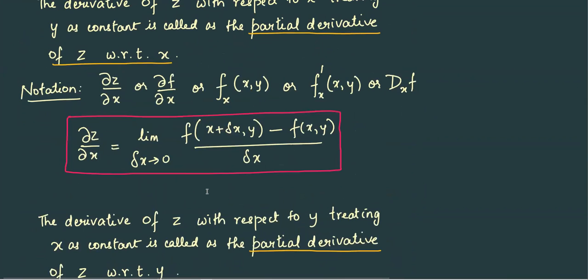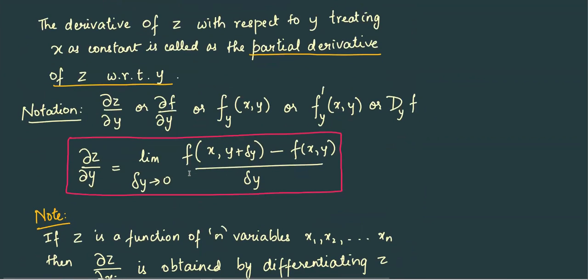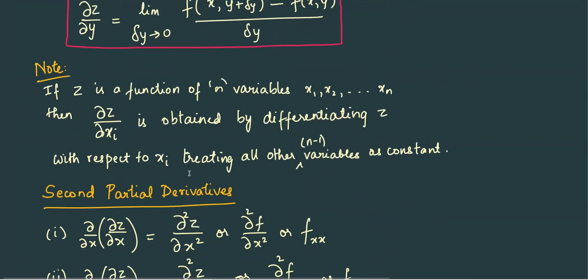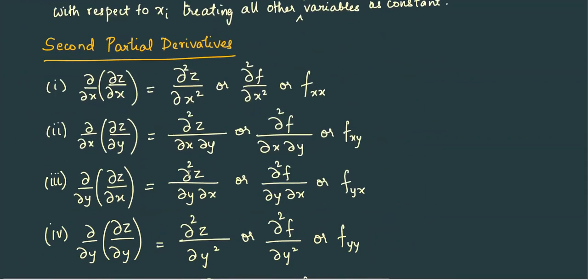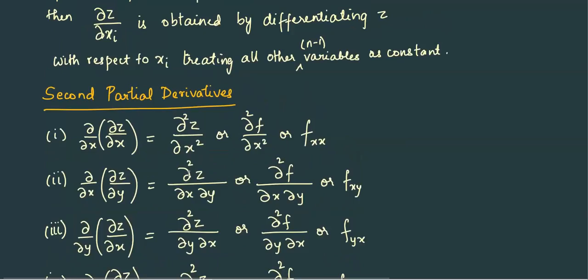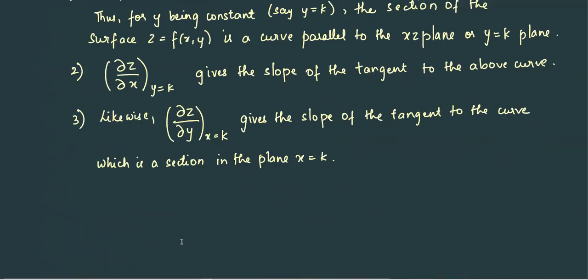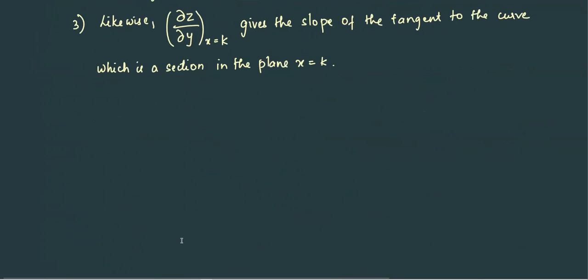Derivative of a function with respect to x, we treat y variables as constant and differentiate with respect to x. And derivative of a function with respect to y, we treat x as constant and differentiate with respect to y. And then these are the second partial derivatives. So this is where we ended.